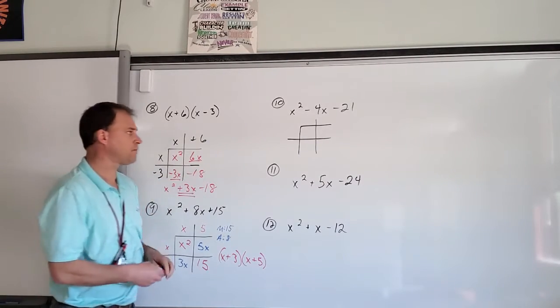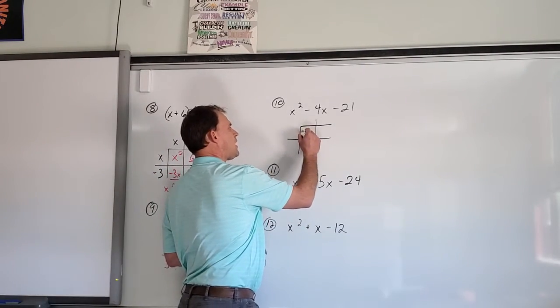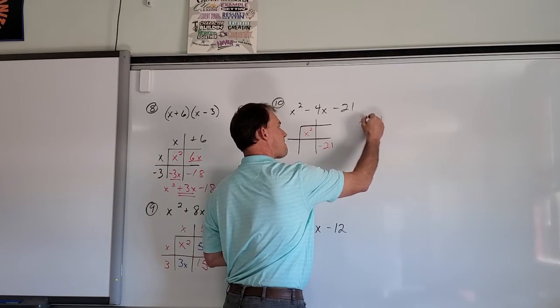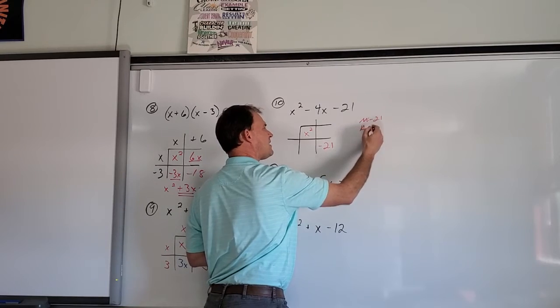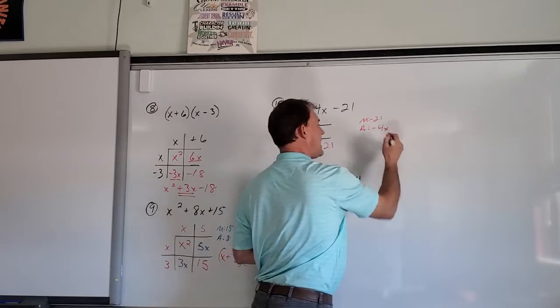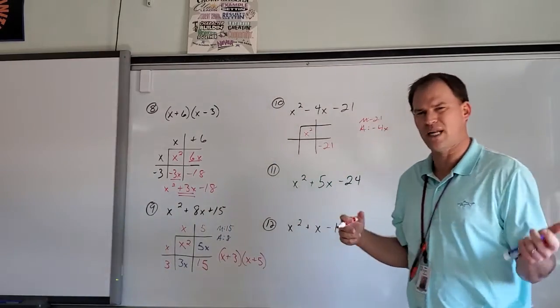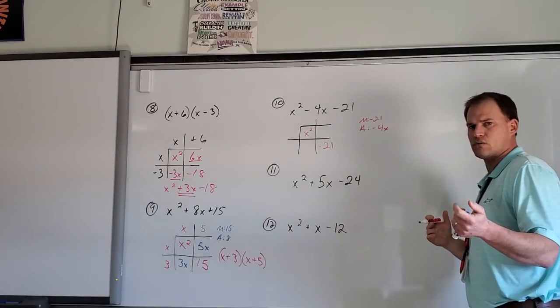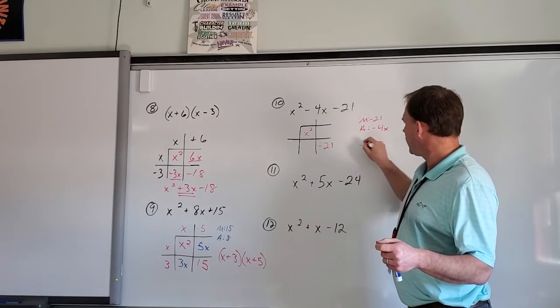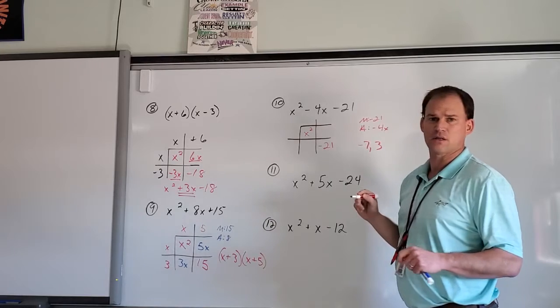Let's do one more. So they multiply to negative 21. They add to what? Negative 4x. What multiplies to negative 21 and adds to negative 4x? Hopefully you came up with negative 7 and positive 3.